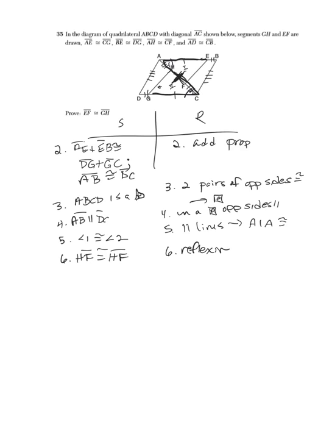Then we use addition again. So we do AH plus HF is congruent to HF plus FC; AF congruent to HC. That's addition property.